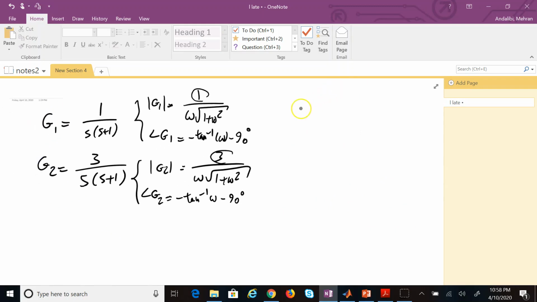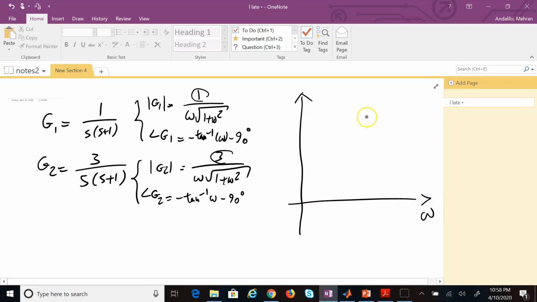So if I have, for example, this is a magnitude versus omega, if this is, let's say, the magnitude of G1 times 20 log, of course, how does 20 log of G2 look like? It looks exactly like this, except since this magnitude is a little bigger, it's going to be shifted up.